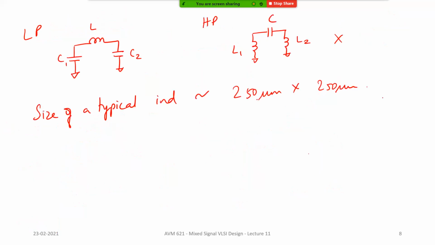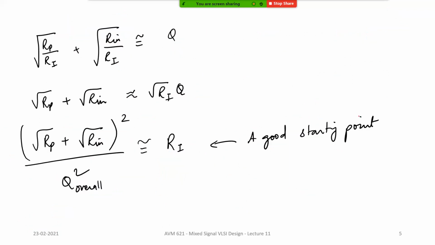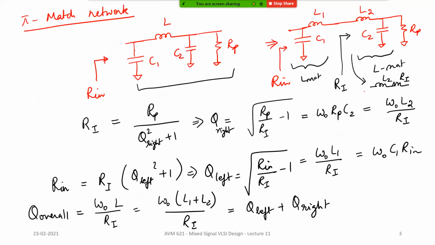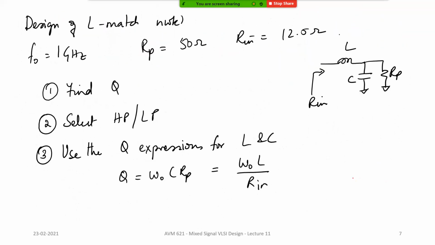Okay. Whereas in the case of a pi match network, if you look at this pi match network, right, Ri will be lower than Rp and Rin will be higher than Ri. So which means you take the 50 ohm, bring it really down, and then you take it up to whatever impedance you want. In this example, you want 12.5 ohms, so probably you will take 50 ohm, bring it down to something like 5-7 ohms, and then bring it up to 12.5 ohms. Okay. Whereas in the T match network, it's the other way around.